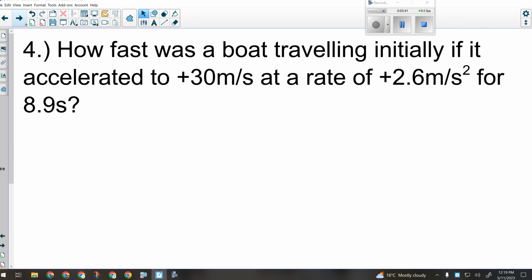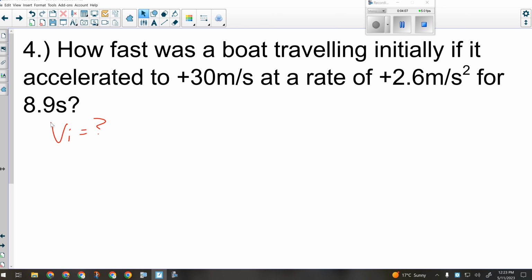We're looking for how fast a boat was traveling initially if it accelerated to positive 30 meters per second at a rate of positive 2.6 meters per second squared for 8.9 seconds. It's asking us how fast the boat is traveling initially, so that means we're looking for VI. It accelerates to positive 30 meters per second.